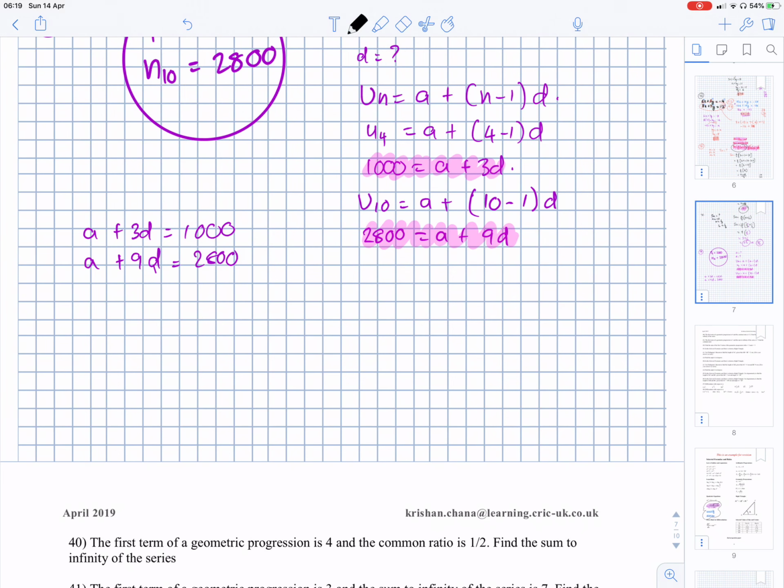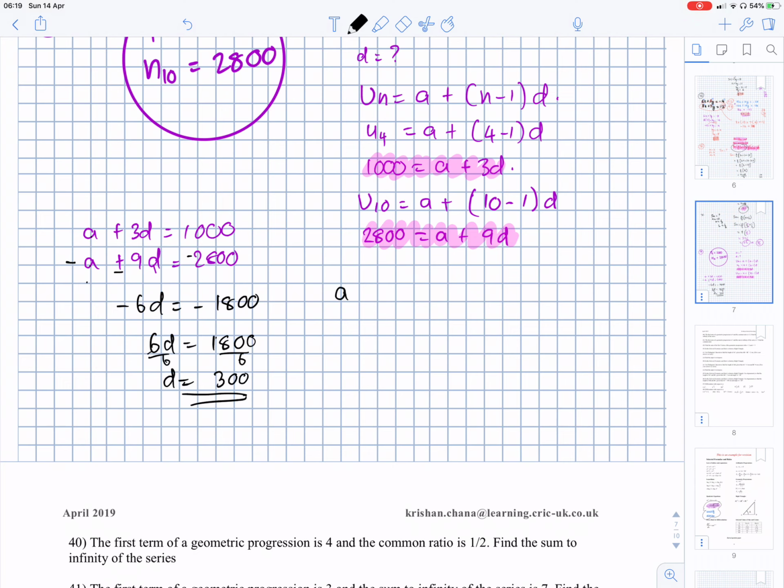Clearly a and a are the same, so we can just subtract. a minus a is nothing, 3 minus 9 is minus 6d, equals minus 1800. The minuses can go. 6d equals 1800. If you divide both sides by 6, 6 into 18 is 3, you get d is 300.